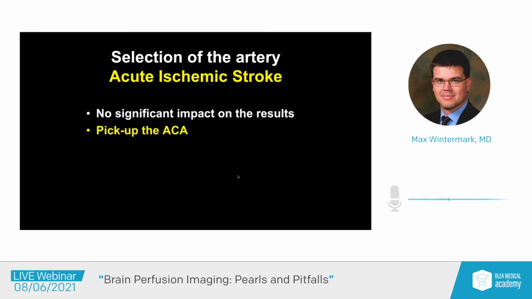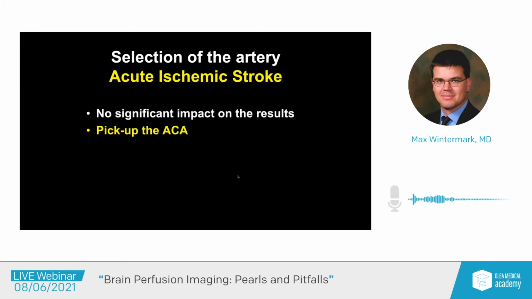So when you have just the acute condition, sure, the patient is going to activate some collaterals, but it's not to the same degree. And as a result, when you have just a plain acute stroke in an otherwise healthy patient, the selection of the artery doesn't make a lot of difference.